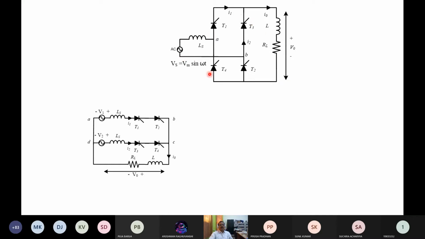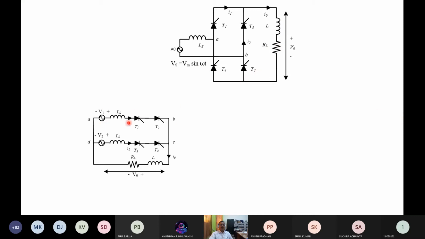So when these two are triggered, current in T1 and T2 falls gradually, and current in T3 and T4 rises gradually at the same rate, assuming that the load current is constant and ripple free. The period during which all the thyristors conduct is known as the overlap period.